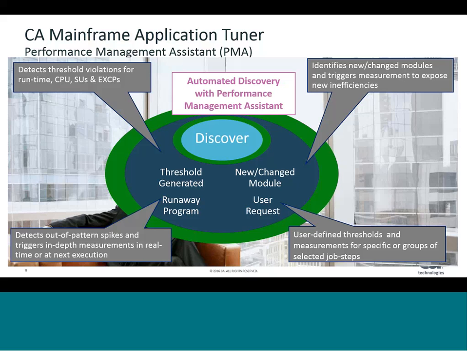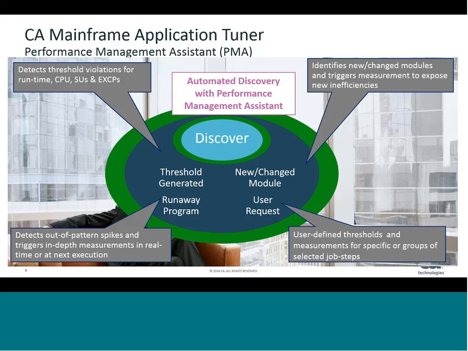Anything that is exhibiting an increase in resource consumption, all those things combined, can then become measurement requests to Mainframe Application Tuner. So PMA is a component of MAT, and it helps bring in that automation across your multiple LPARs, across your enterprise, bringing that back into MAT so that you can automatically invoke those measurements based on multiple things like we already mentioned.